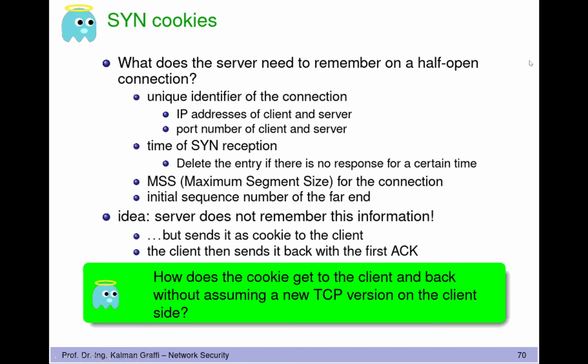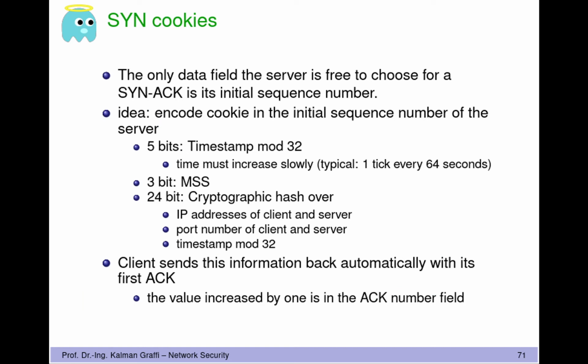One of the countermeasures we saw were SYN cookies, where basically all information is put in the sequence number. So this is the only information that we are able to utilize and to select freely in this communication. So we can put in some information. Especially we can verify and sign in our own understandable way that this message has already been seen by us, and basically we send over this cryptographic hash.